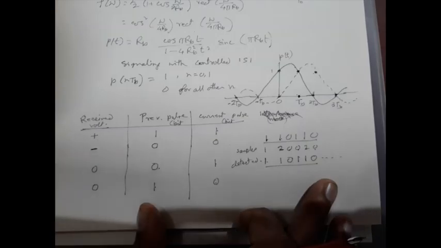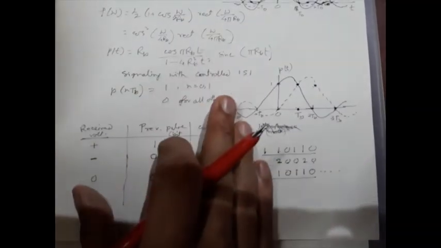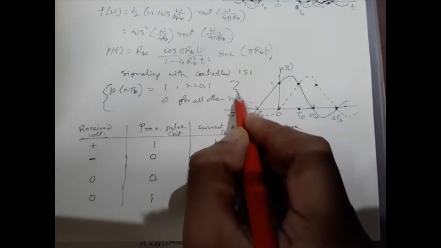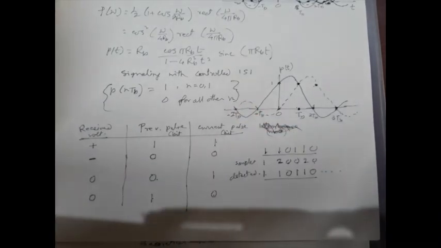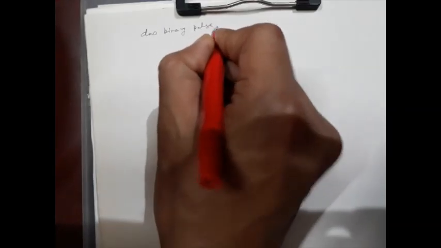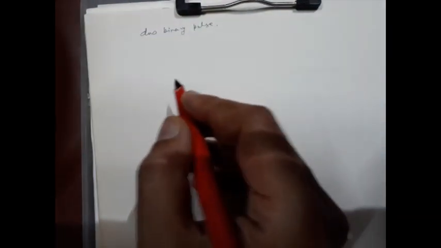A pulse satisfying this criteria of controlled ISI is the duobinary pulse. So if we restrict the pulse bandwidth to RB by 2, we can show that only this pulse p(t) meets the requirement of the Nyquist second criteria.